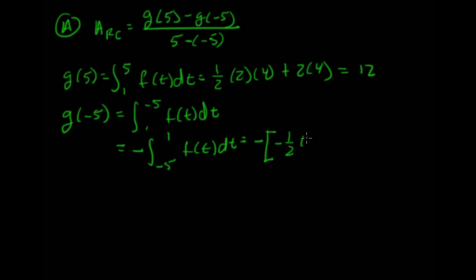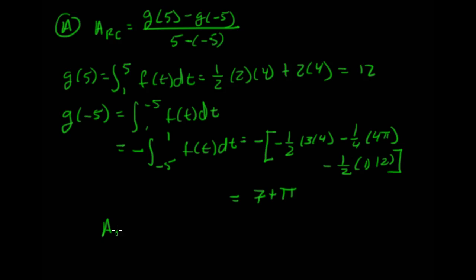And then there's a triangle below the line, quarter circle, and then another triangle. And when I simplify that all out, I end up with 7 plus pi.